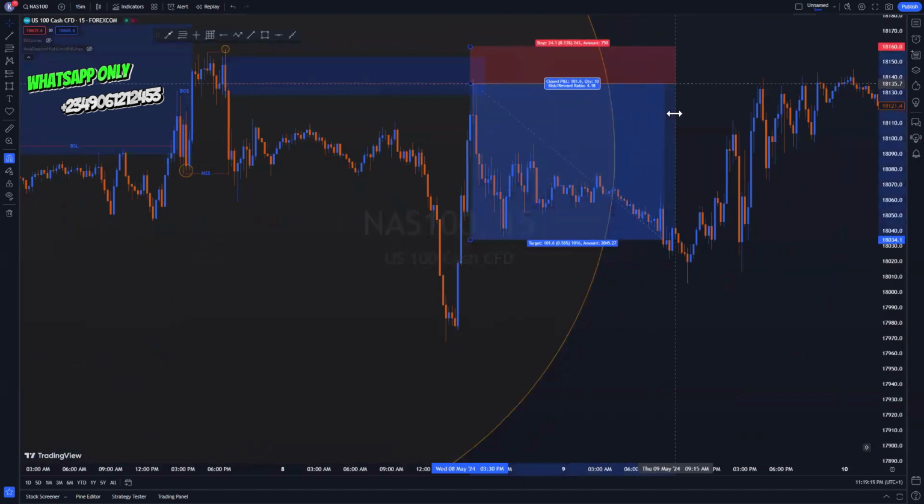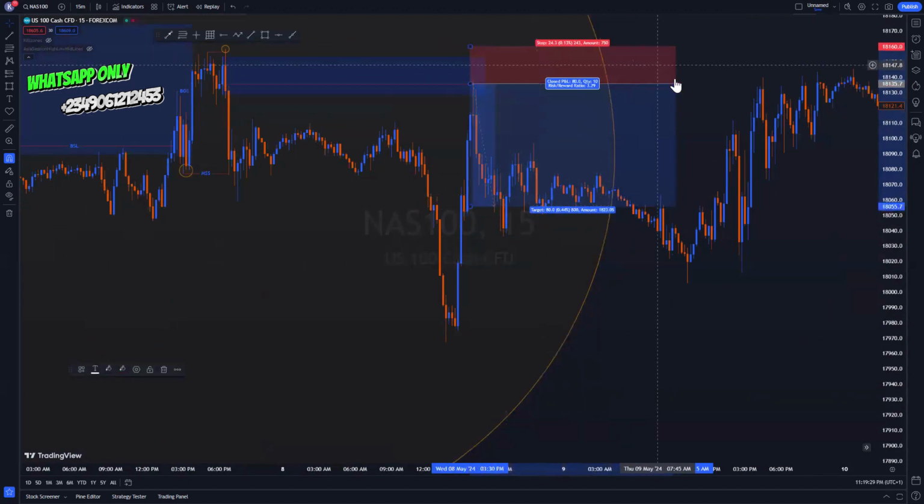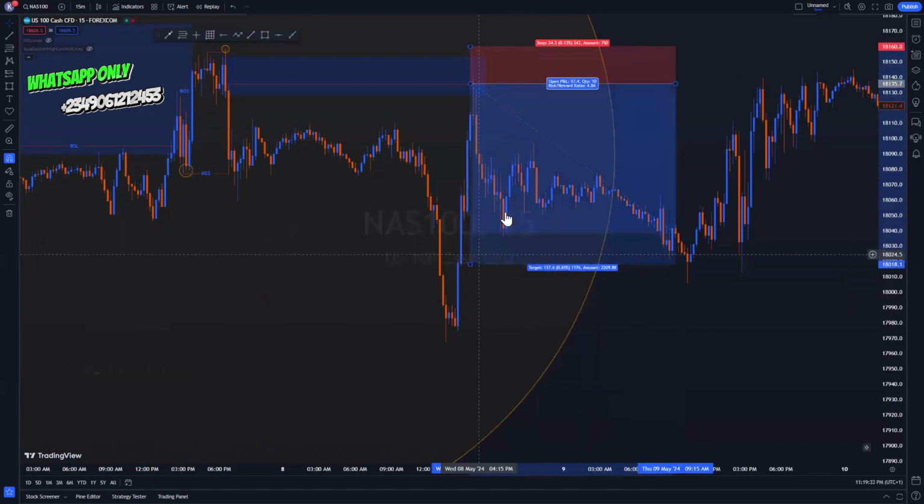And then you can see how price moved swiftly and hit your take profit. At this point you have 4 RR, but personally I advise you stick to 3 risk to reward ratio. Once you're able to catch this 3 RR, it's also a very, very good trade. But if you had to extend your TP, you'd be able to catch about 5 risk to reward ratio.